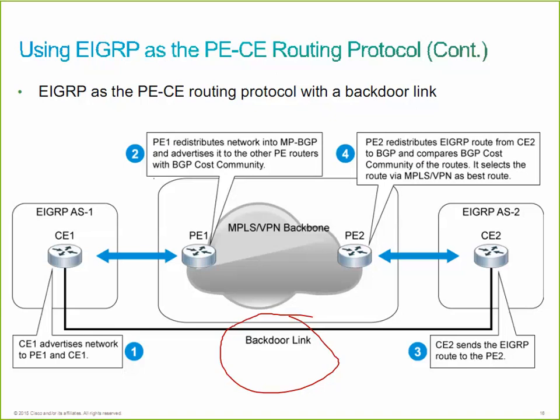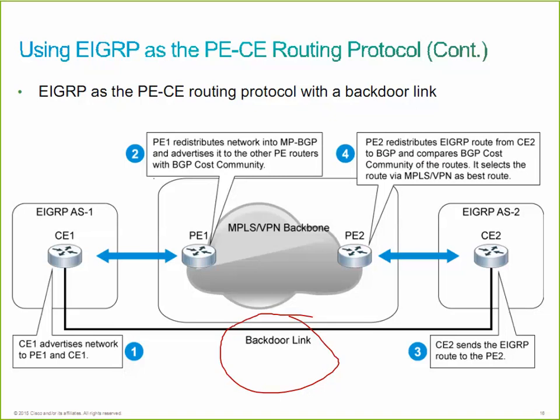Anybody? Well, it's going to choose this path, so basically it's going to prefer this path over the regular path. Right. The decision means that we're going to forward over the backdoor link as the primary path. We don't want that to happen, right? That's not what the purpose of the backdoor link is.